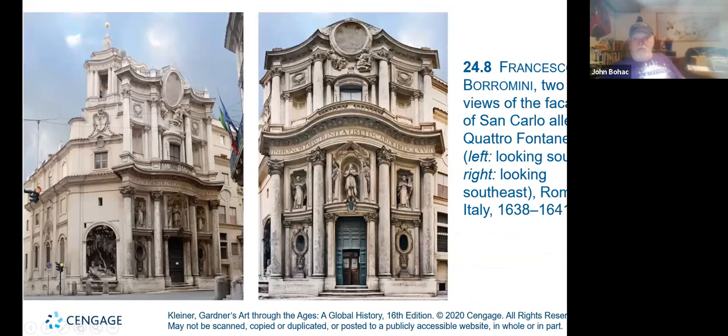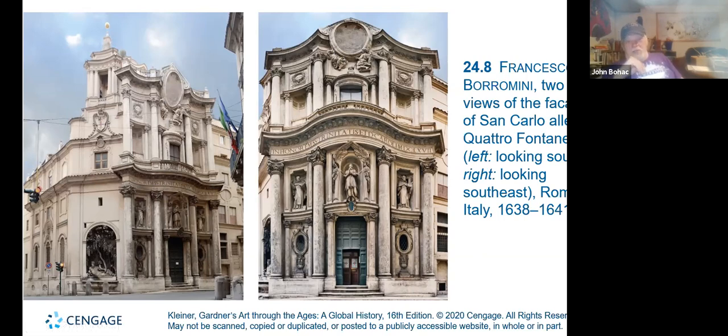Here is another Borromini. And you see, like before, it still owes a great deal. They still look at classical Greco-Roman architecture, but they use curvilinears. And up here, see this right here, and these curvilinear lines.